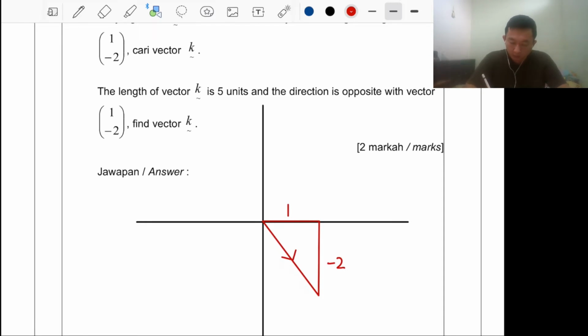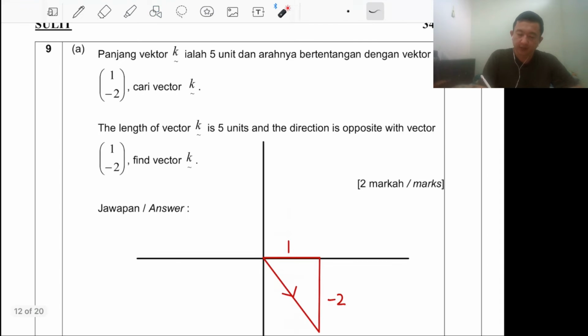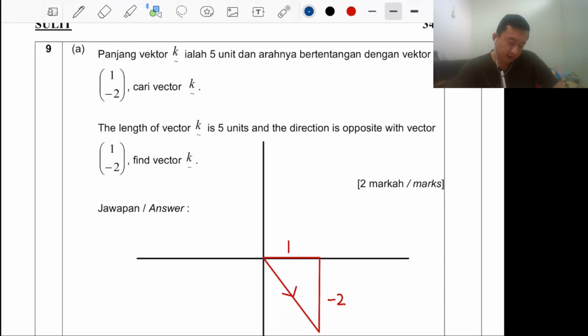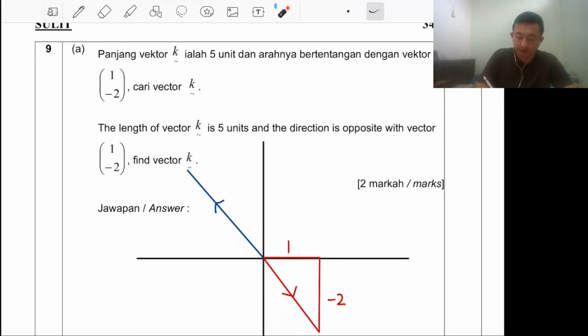Now, we need to find a vector k. What we know is the length is 5 units and the direction is opposite with this. Opposite direction, then meaning it should be here. Right? Then how do we write the vector? Think about that. If this is (1, negative 2), the opposite direction should be what?